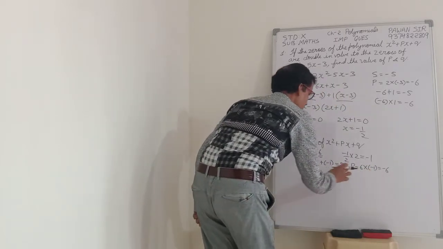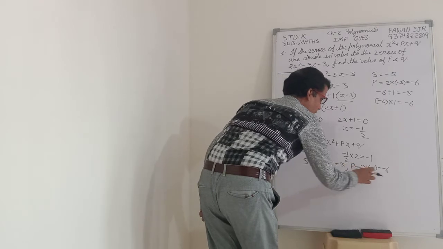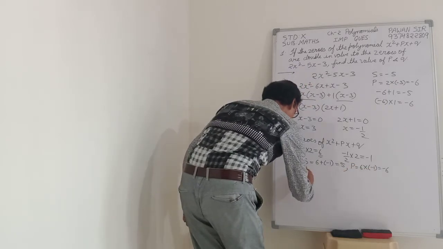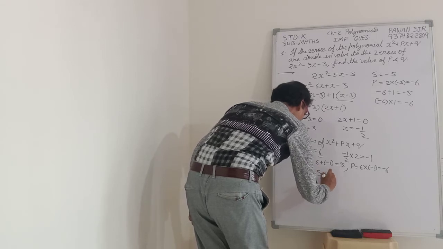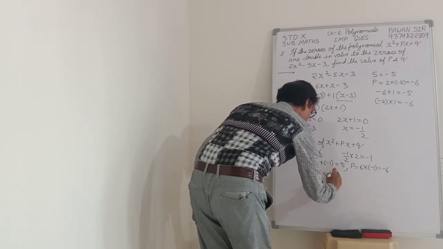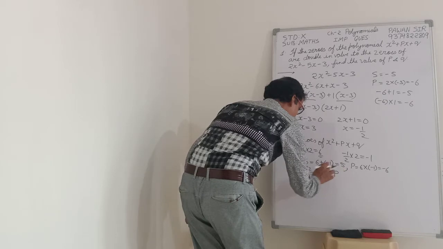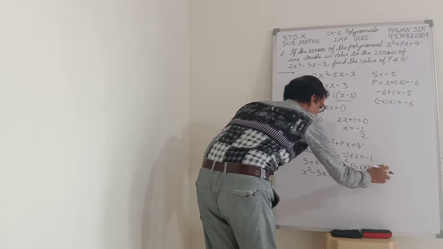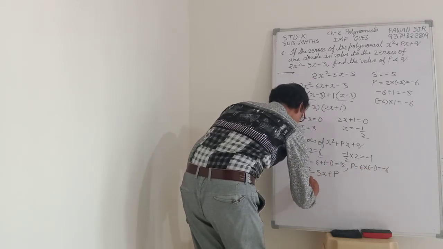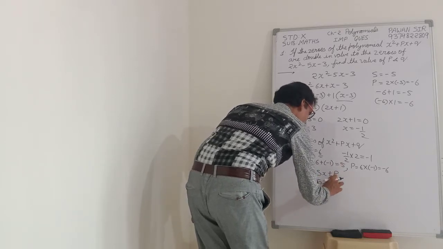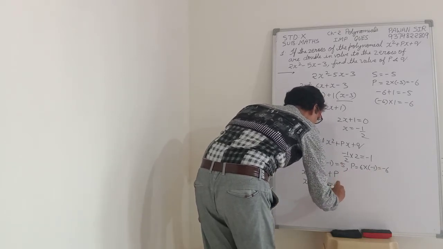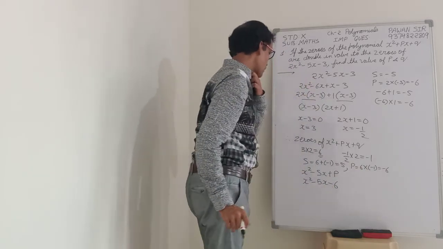So if the sum is 5 and the product is minus 6, then the polynomial is given by x square minus (sum)x plus product. So put the sum as 5 and the product as minus 6. So this is the required polynomial.